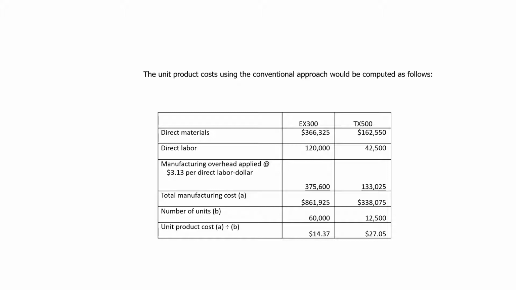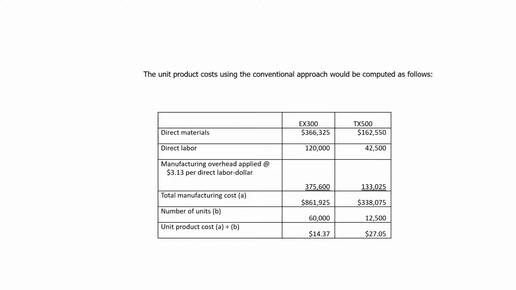What we would do is take the total manufacturing overhead of 508,625 and divide that by the total cost of the direct labor hours, which from the information provided is 162,500. And we get an overhead rate per labor dollar of $3.13.